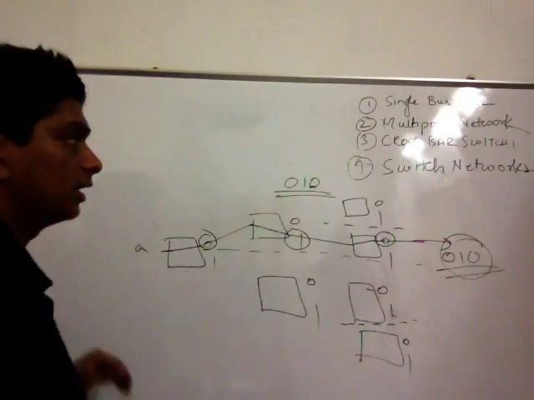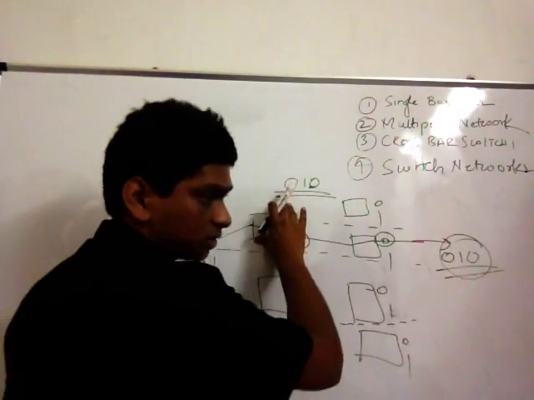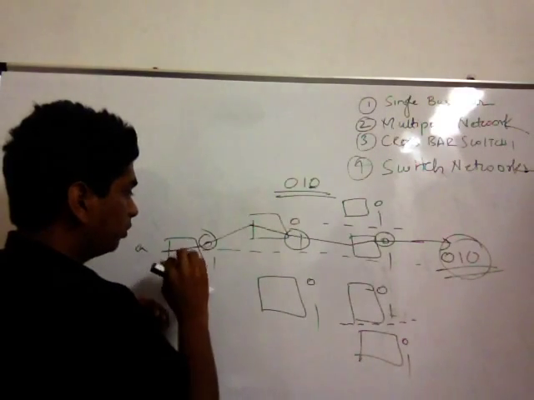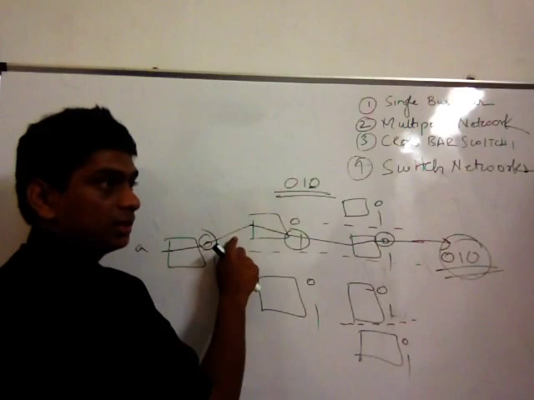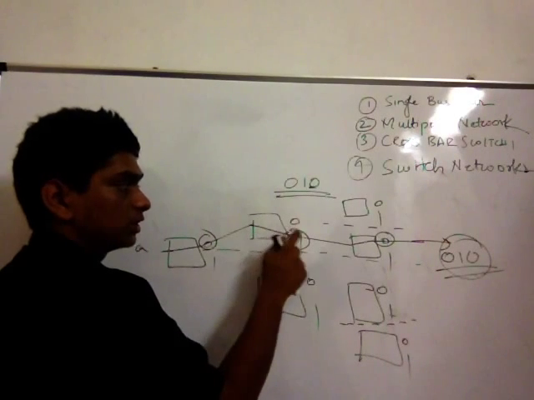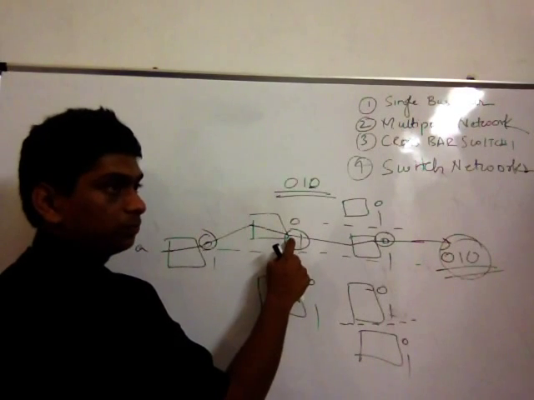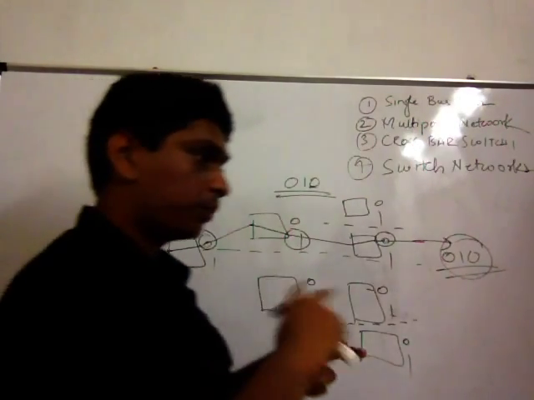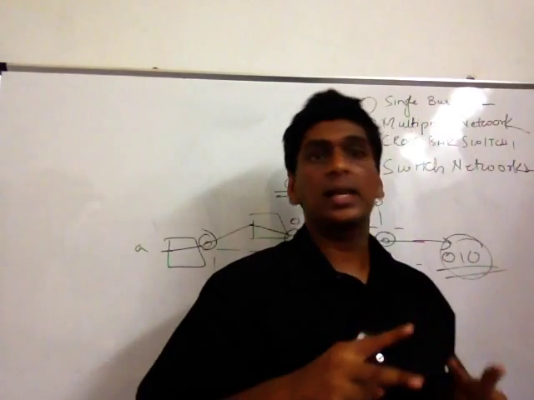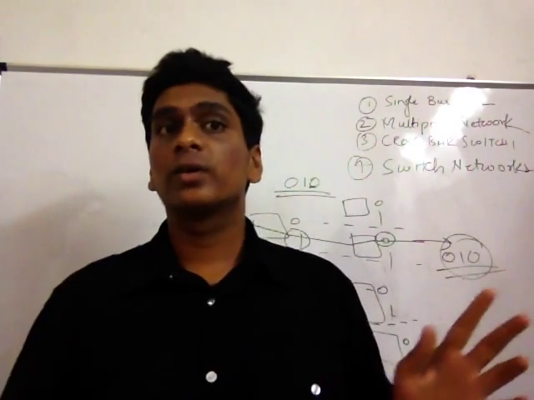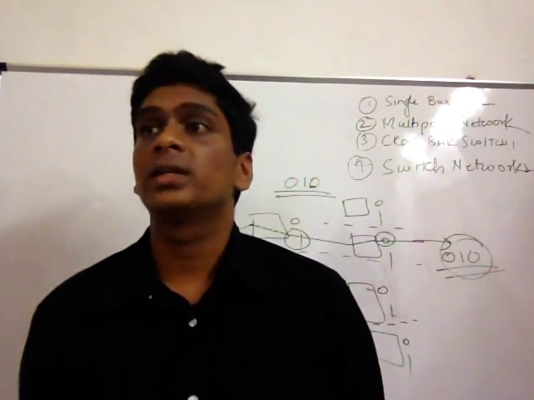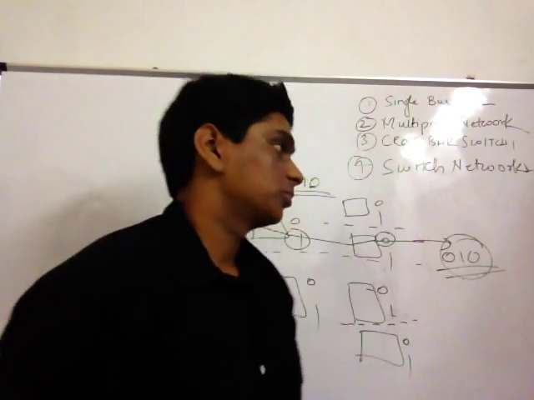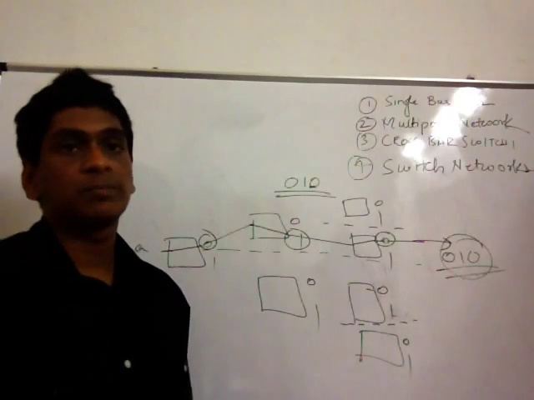Can I get it? I can't, because this switch is already engaged here. Even if I am using the same 0 logic here, I cannot change this switch value. So at particular points there is a clash, and that is why those switching networks, though very easy to understand, are not used, because of a few limitations.